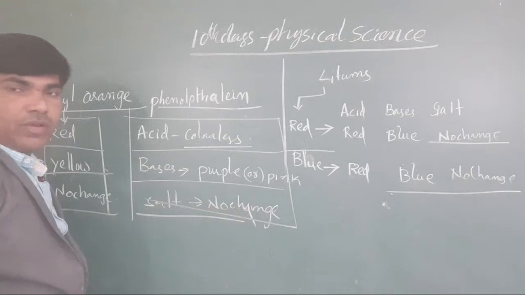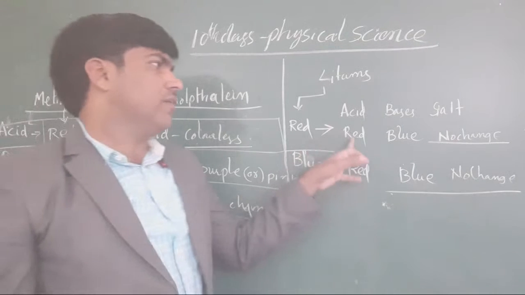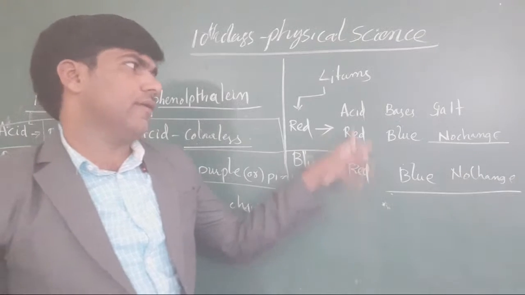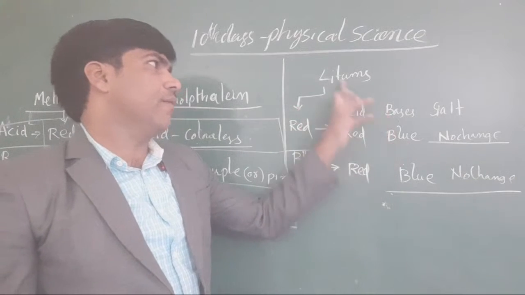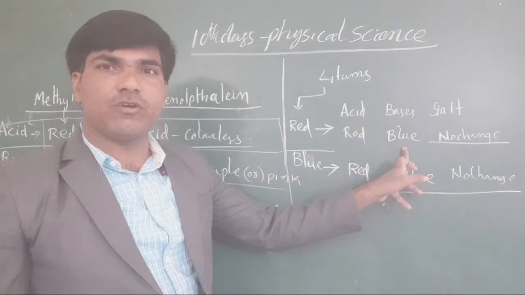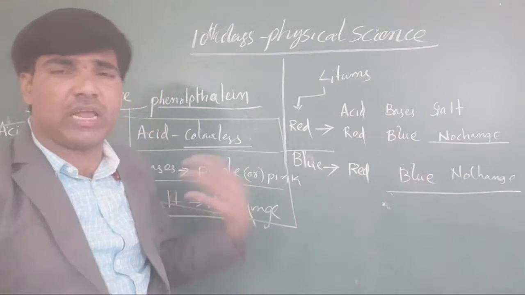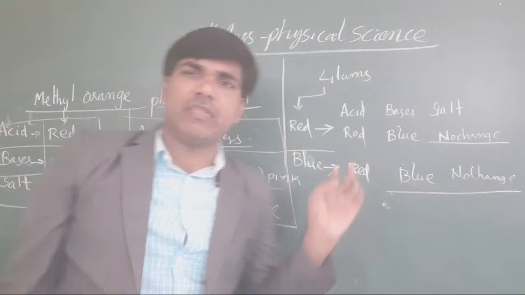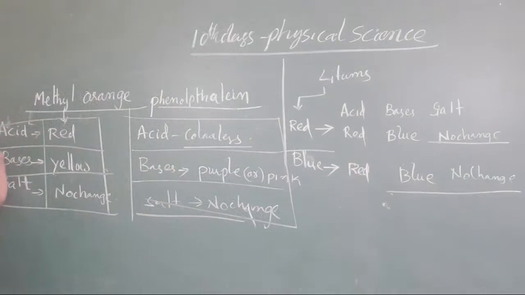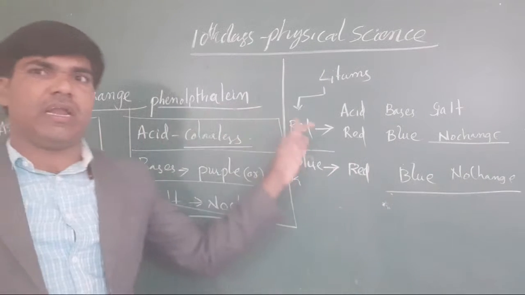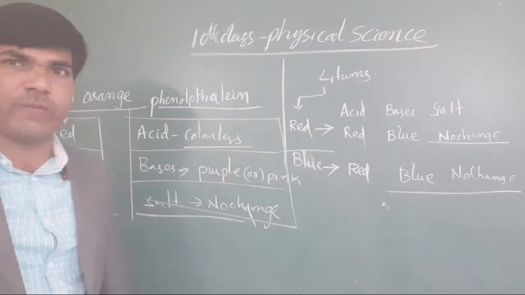Here it converts into red color for acids, and litmus paper will be converted into blue color for bases. In this way the color changes are obtained for methyl orange, phenolphthalein solution and litmus paper.